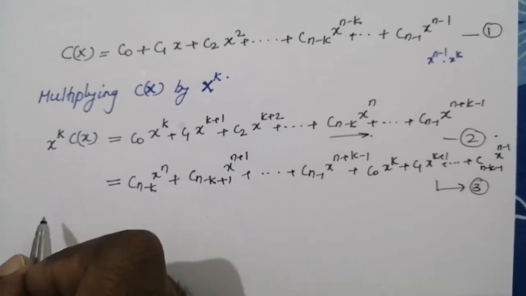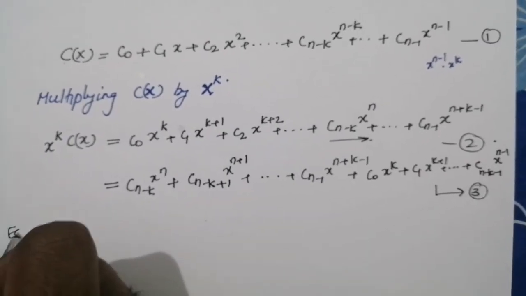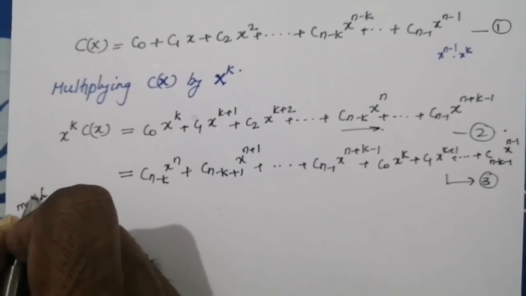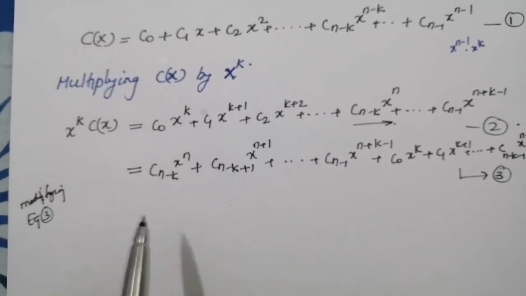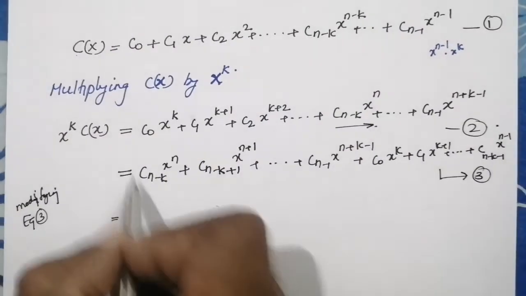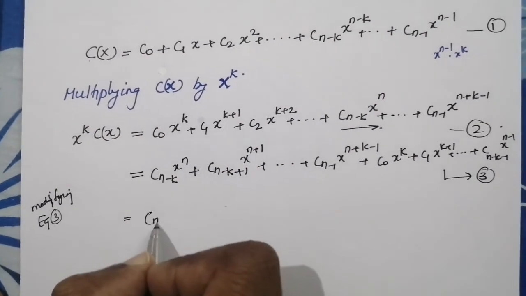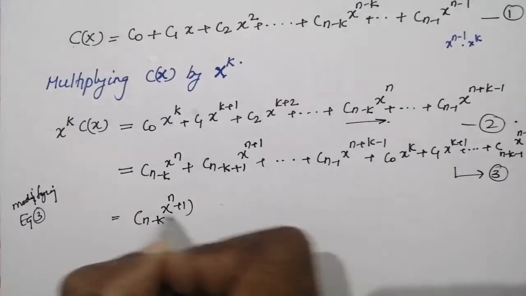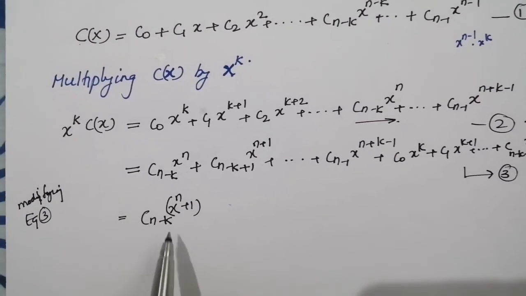Now again we are modifying equation number 3, so I'm writing this term as C n minus k x raised to n plus 1. Now what does this indicate?